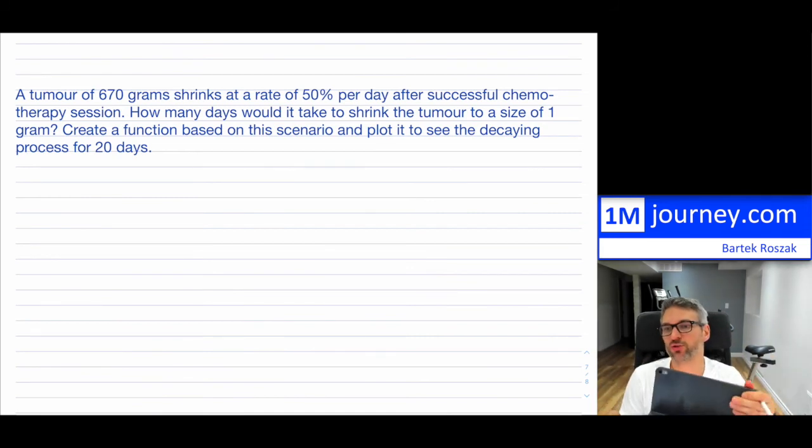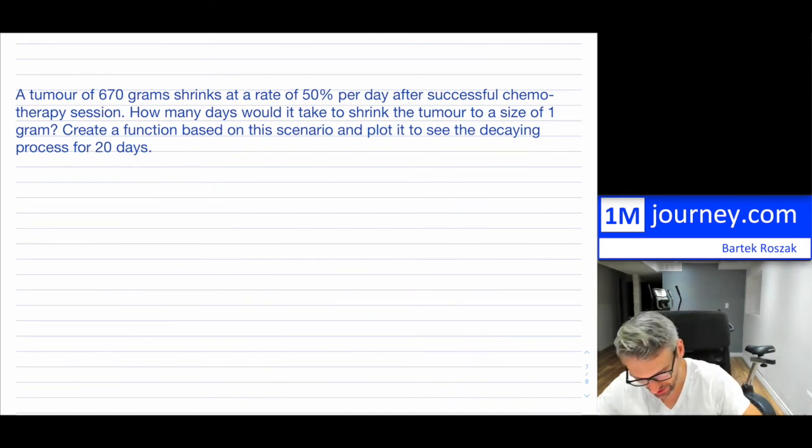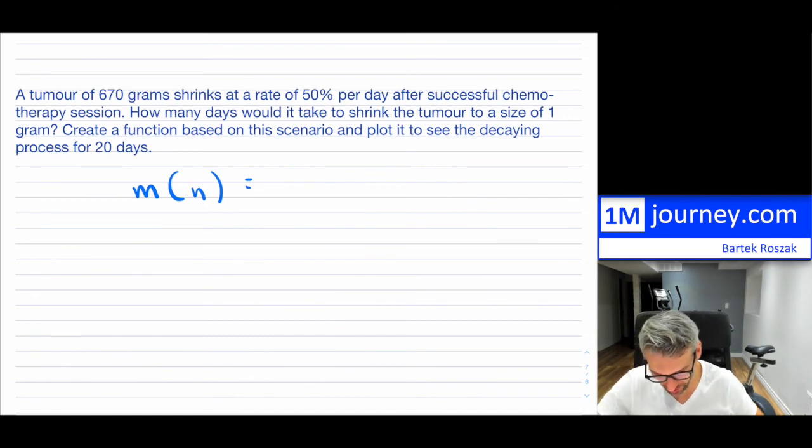So you have a tumor. This is a mass, right? 670 grams is a mass. So instead of writing P for population, I'll write M. And this is still days. So M of N, mass after a certain number of days. So what do we have? Well, we know the initial mass of that tumor was 670 grams.